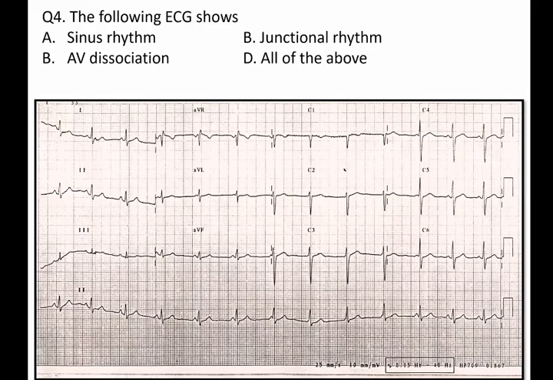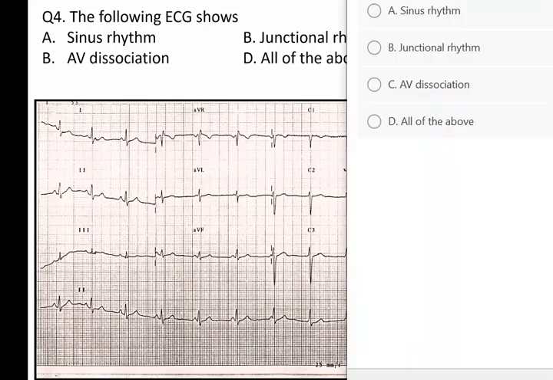The following ECG shows the choices are A, sinus rhythm, B, AV dissociation, C, junctional rhythm, and D, all of the above. Sorry for the mistype, this is A, sinus rhythm, B, junctional rhythm, C, AV dissociation, and D, all of the above.